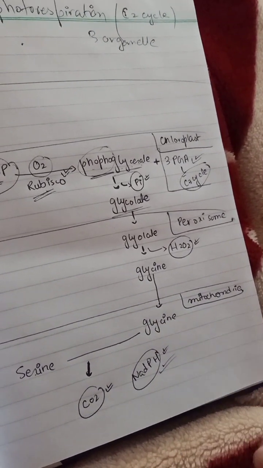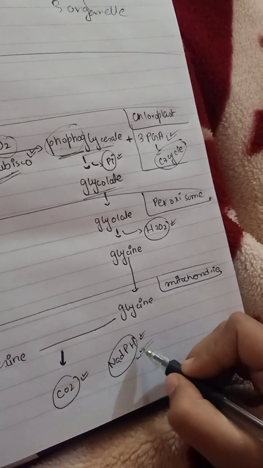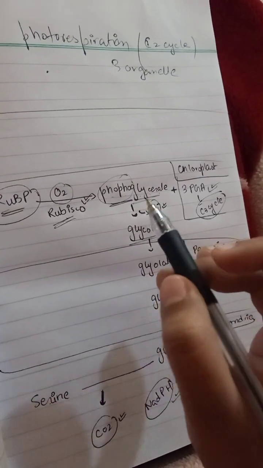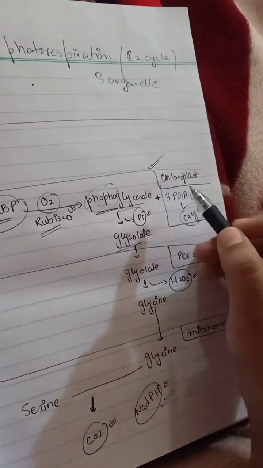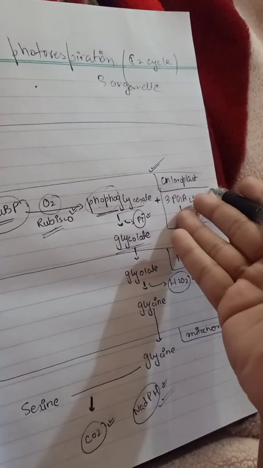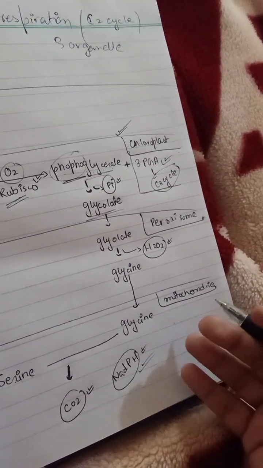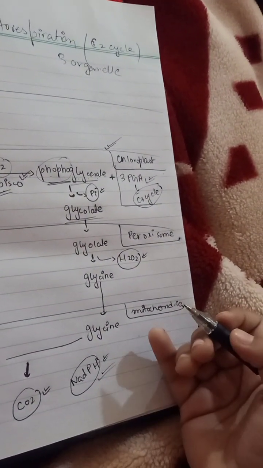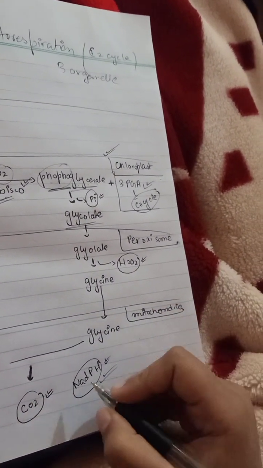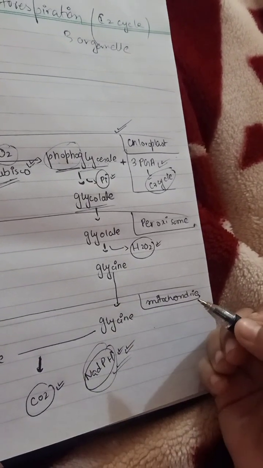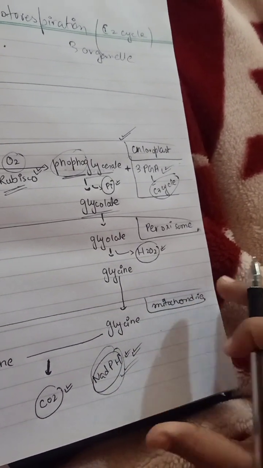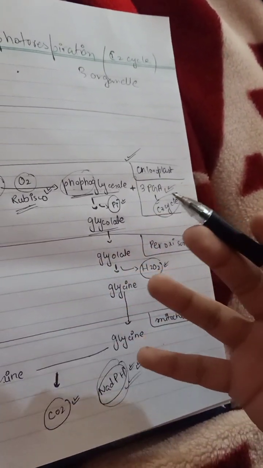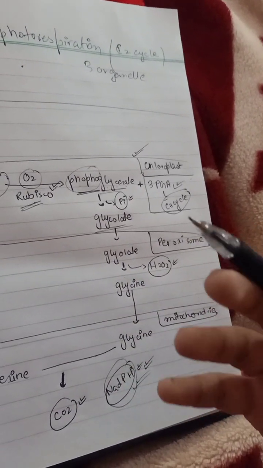The answer is that NADH is formed in the mitochondria, but in the Calvin cycle the NADPH was formed in the chloroplast, where it was useful. Here it is produced in the mitochondria, so it is wasteful. If it were produced in the chloroplast, it would help in the Calvin cycle.